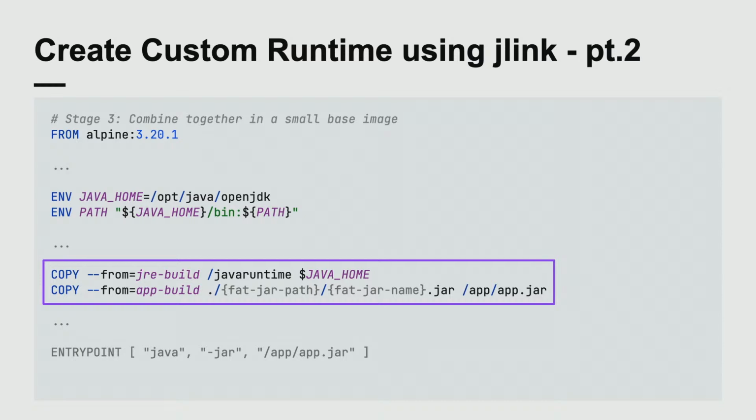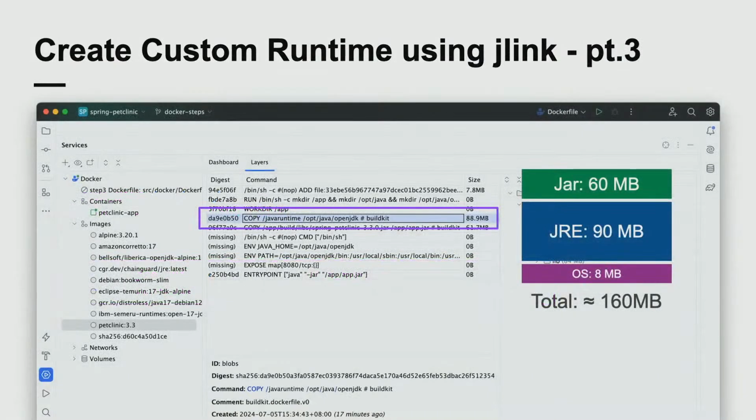So basically, you create from scratch using Alpine, but with your custom Java runtime. After we apply this approach, you can see that our JRE reduced from 133 megabytes to 90 megabytes, which is smaller. So the resulting image is around 160 megabytes.